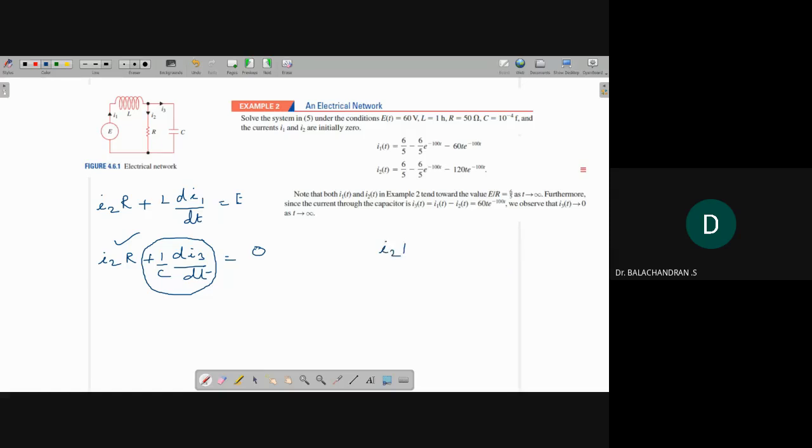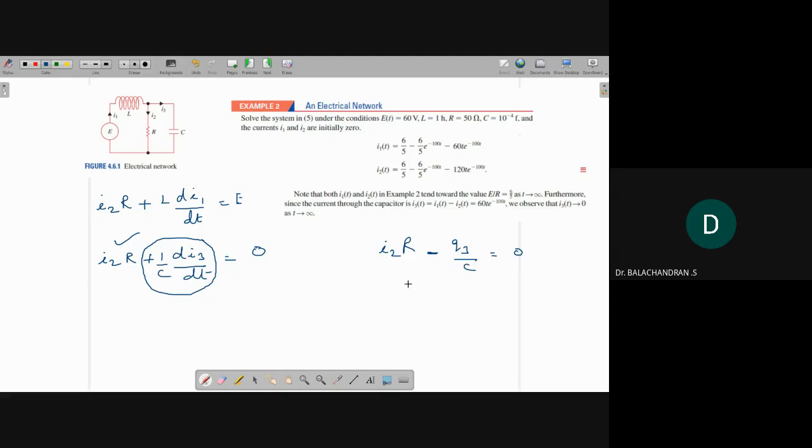I2R, okay, Q3 by C, okay, but here what is the sign? Minus, because the current is leaving in this direction, I3 is opposite. So minus Q3 by C equal to 0.